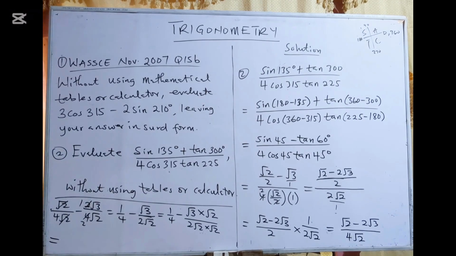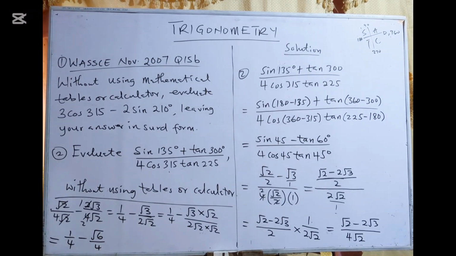Alright, so let's continue on this side. So that I have 1 over 4 minus root 3 times root 2 will give me root 6. And then 2 root 2 times root 2 will give me 2 times 2, that will give me 4.